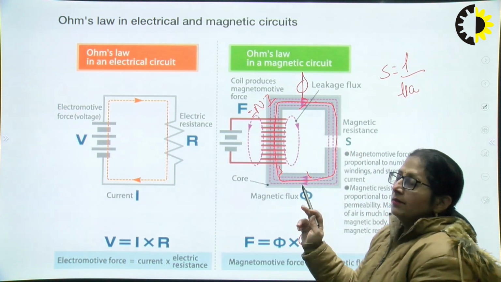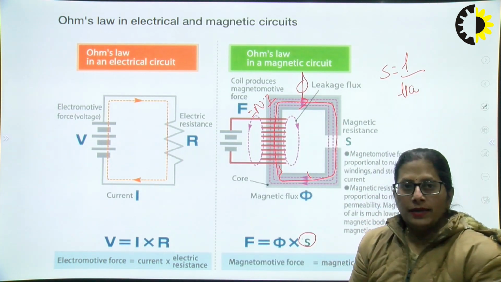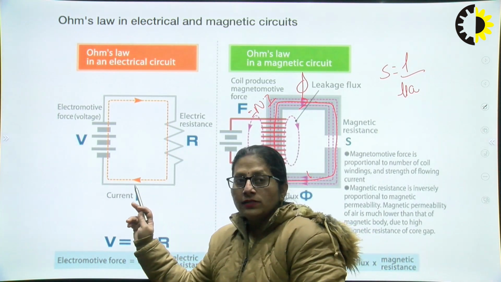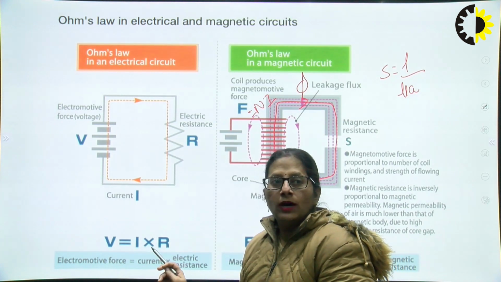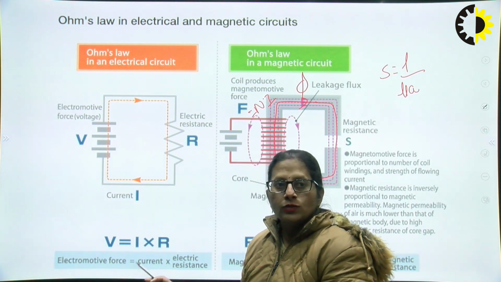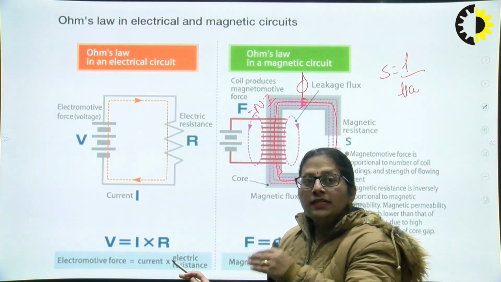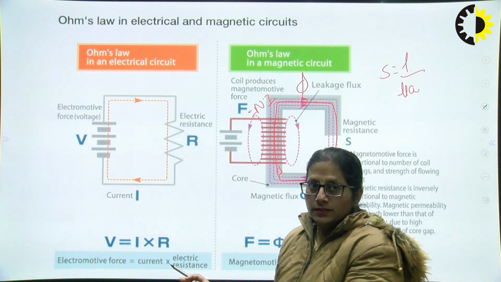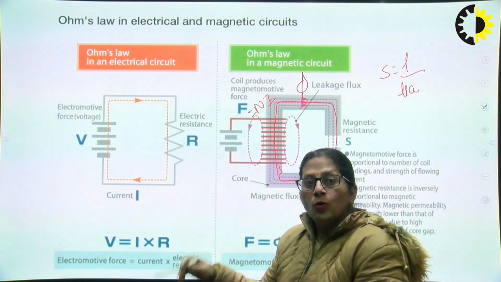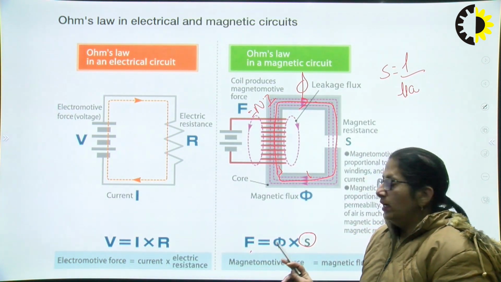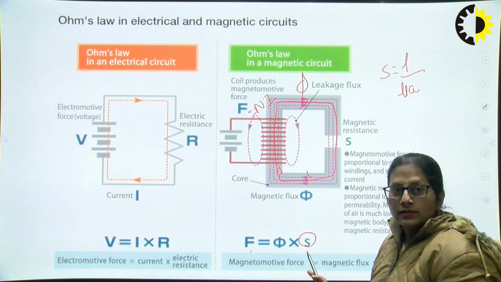Flux is the total magnetic lines of force flowing through it. In an electrical circuit, we give V equals IR: the electromotive force equals current multiplied by electrical resistance. Similarly, in a magnetic circuit, the magnetomotive force F must equal flux multiplied by reluctance.